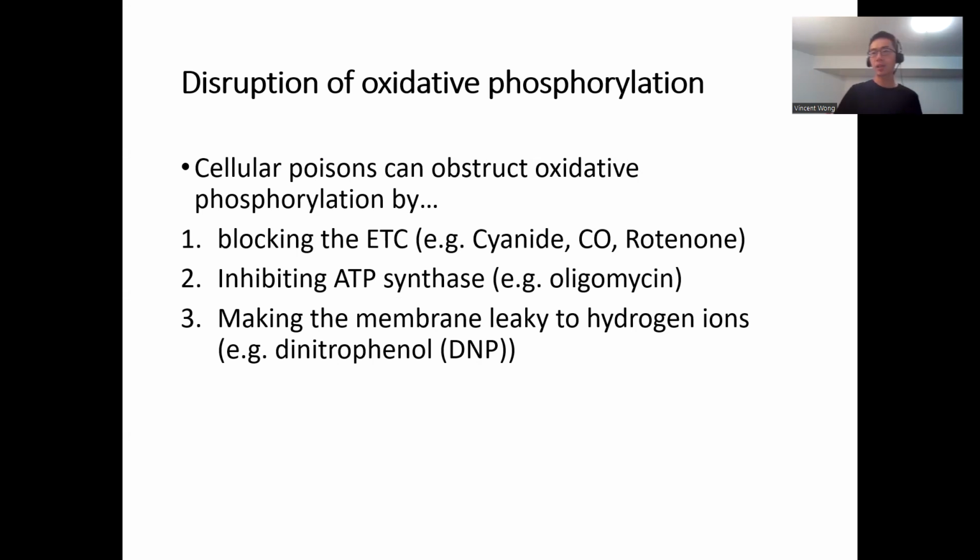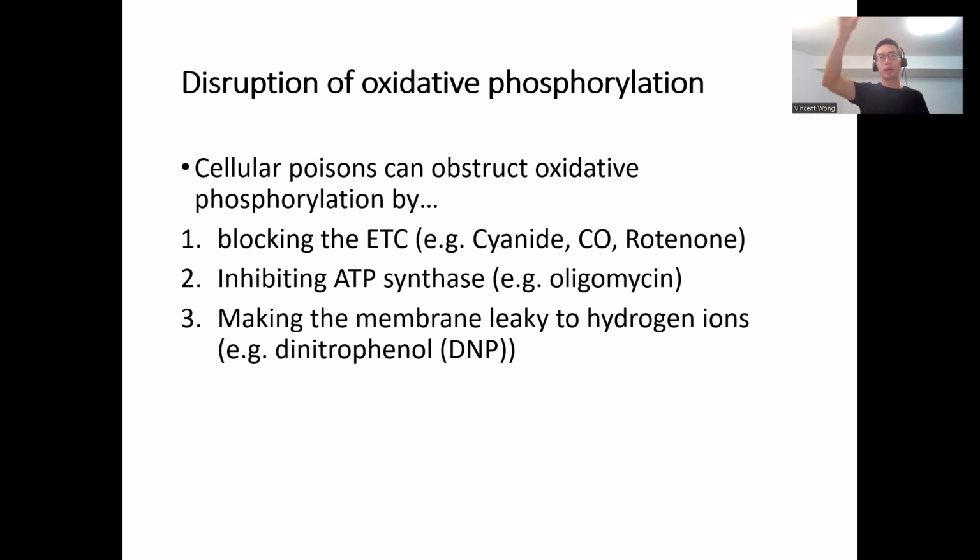For the rest of the class, we're going to look at some disruption of oxidative phosphorylation. That basically is what's happening in the ETC, the electron transport chain, right? So we now know oxidative phosphorylation basically involves two key events. We have to create the H+ gradient by constantly pumping H+ over into the intermembrane space.